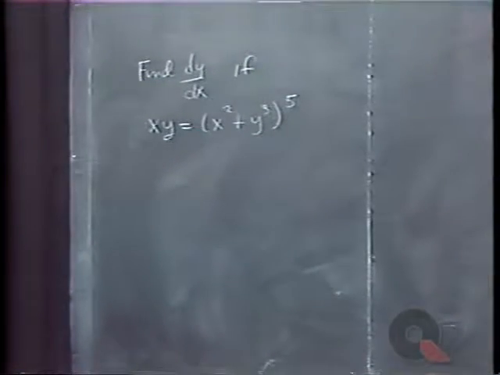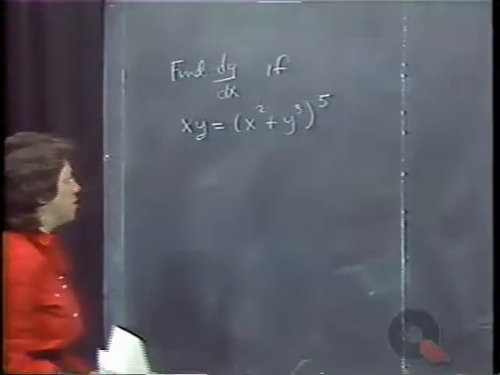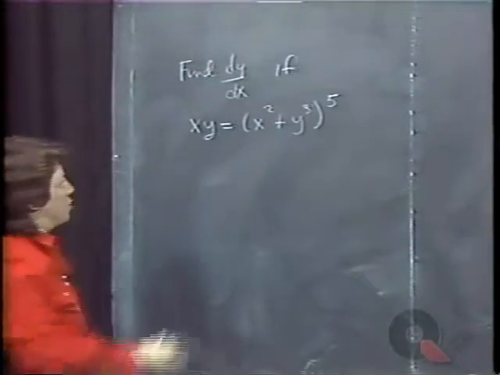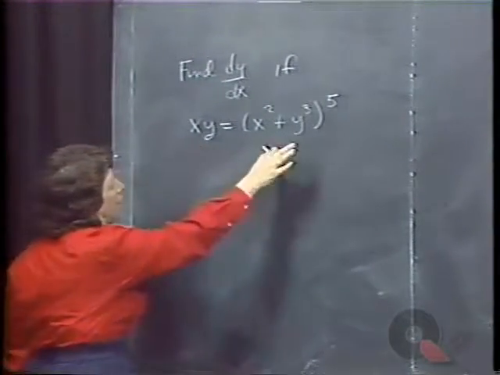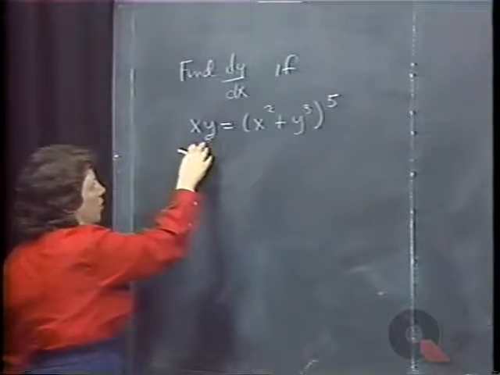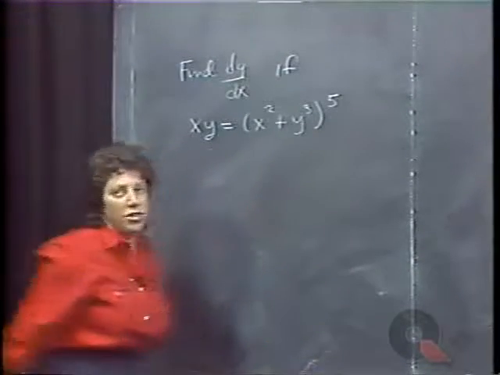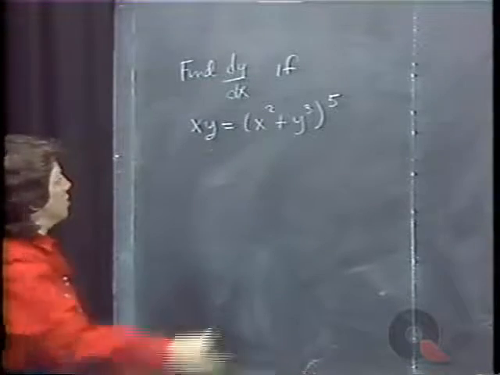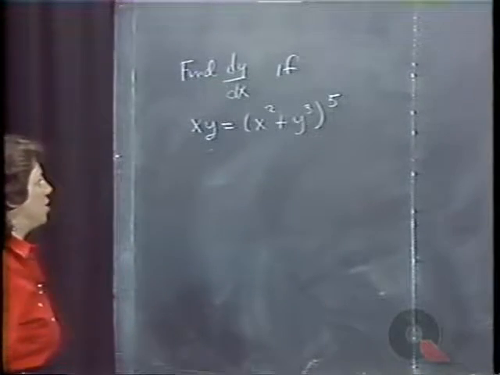Okay, we cannot solve this for y explicitly as a function of x. Don't make the mistake of thinking you just have to divide by x. That'll have y alone here, but you'll also have y on the right side. Okay, so we do need the implicit differentiation here.